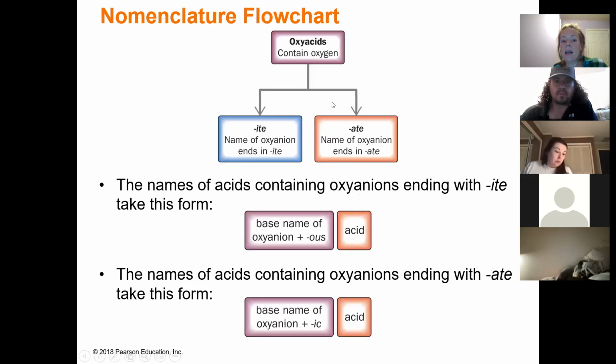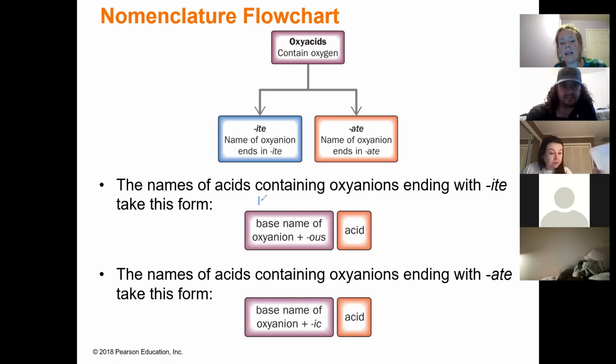When naming an oxyacid, you want to look at the ending of the polyatomic ion. If the ending of the polyatomic ion is -ite, -ite changes to -ous, and you add the word acid. There is no hydro. We don't say hydro, base name, -ous acid. We just call it -ous acid.